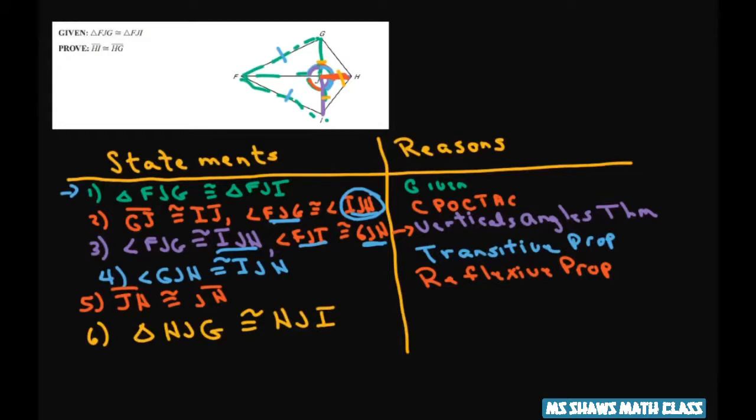It's getting a little messy here, but we know that these two triangles here are congruent because of your side angle side. So it's like that. All right. And that's by your side angle side congruence postulate.